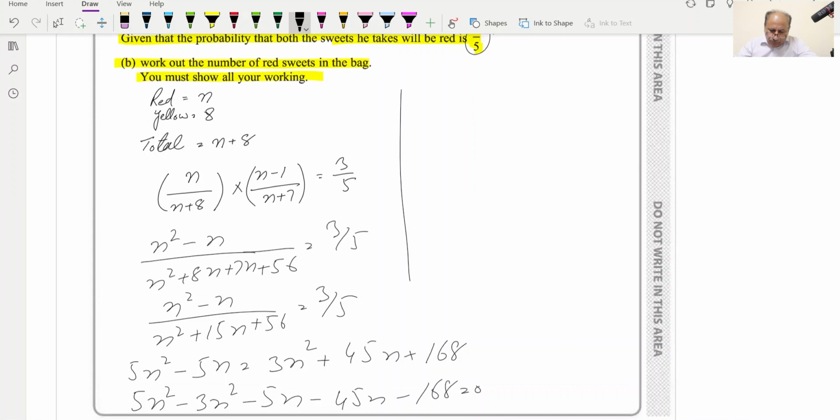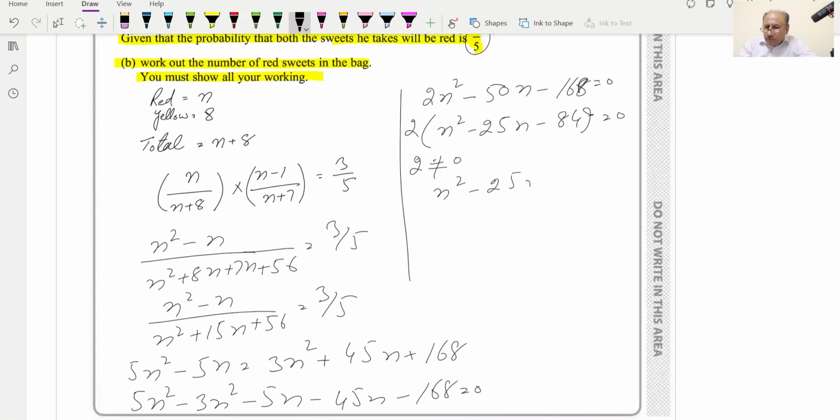Further we can simplify, so 2n squared minus 50n minus 168 is equal to 0, and we can take 2 common, so n squared minus 25n minus 84 is equal to 0. So 2 cannot be equal to 0, so n squared minus 25n minus 84 is equal to 0.